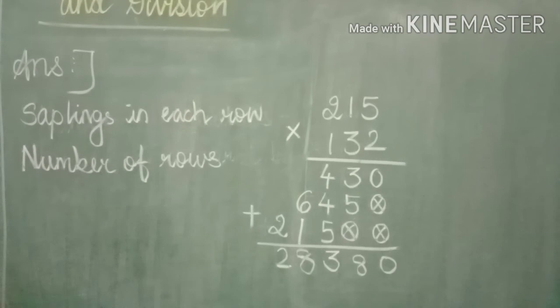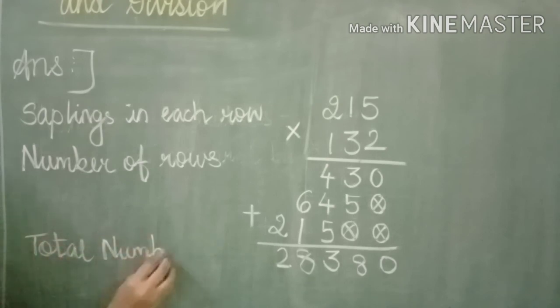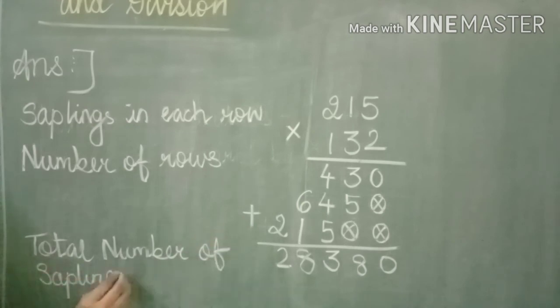So we are going to write total number of saplings. You have to write it in the straight line itself. Total number of saplings. We got the final answer, that is 28,380. Let's write the answer.